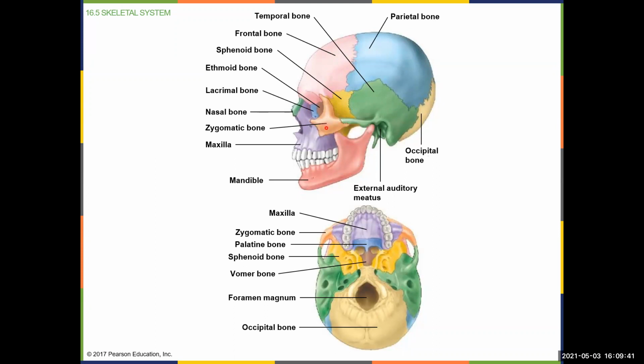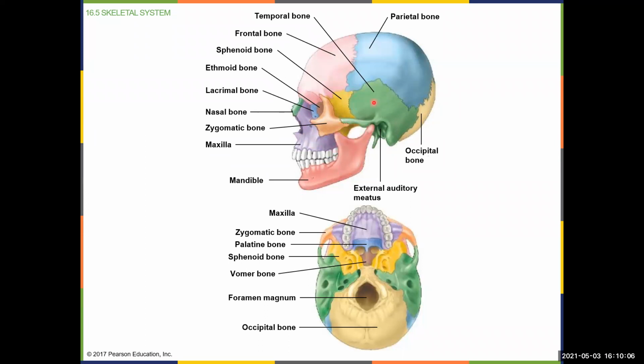You have your zygomatic bones, so that's your cheek bones. And then inside the eye socket, you have your lacrimal bone, okay? Your nasal bone. And then all of this bone here is one structure, and that's the maxilla. And then your lower jaw is the mandible, okay?